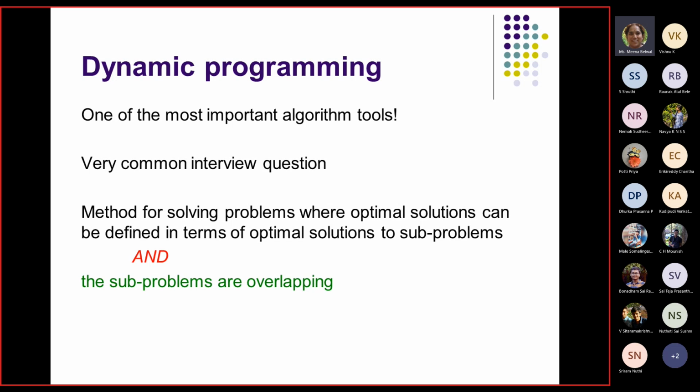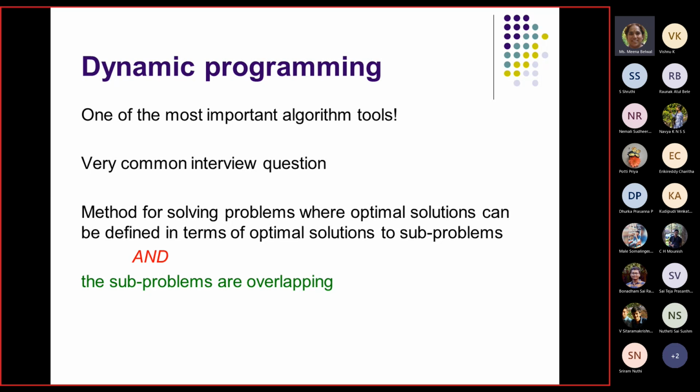Now the next question is, why do you want to solve sub-problems? Why can't you directly solve the problem? We assume that we are not able to solve this problem directly, but I have a solution for the sub-problem. Then I will merge all the solutions to get the final solution.